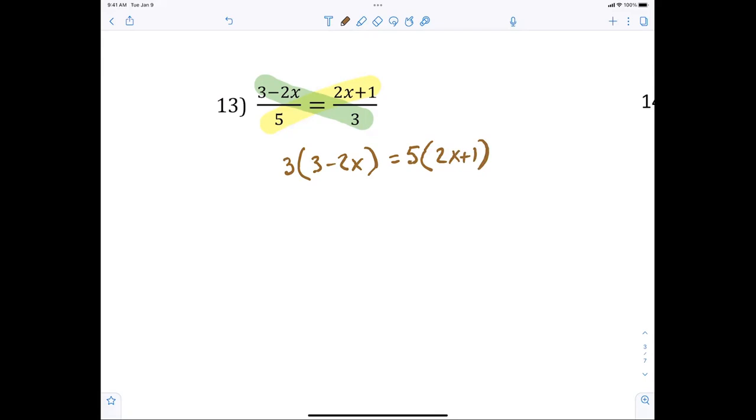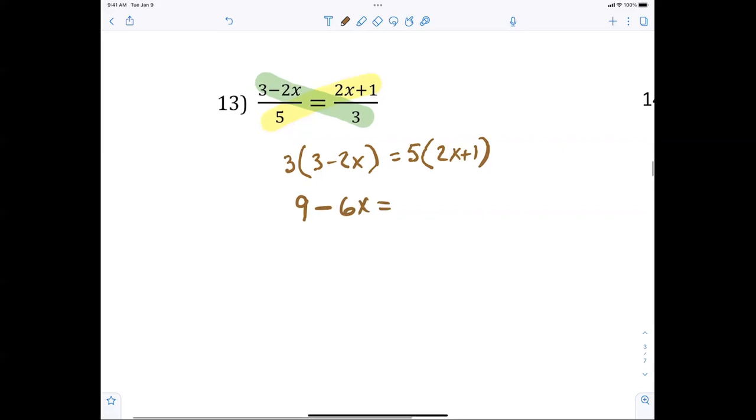So 9x minus 9 minus 6x equals 10x plus 5. Amazing. All right, now what?